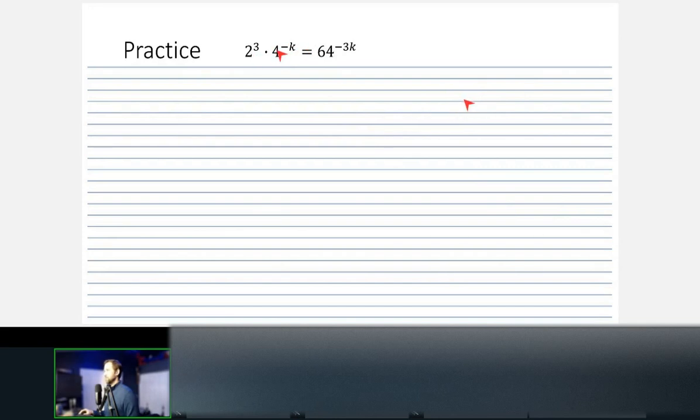So we got to turn this 4 into a 2. So let's do that. We're going to have 2 cubed times 2 squared, and then times negative k, right? And then 64. Let's go ahead and make that a 2 at the same time. Might as well, right? 2 to what power is 64? 2 to the 6th power? Okay.